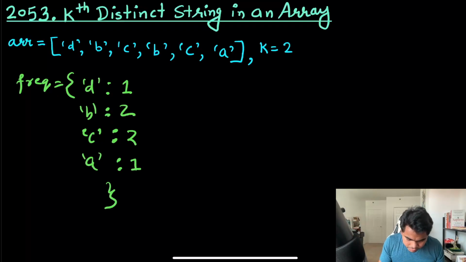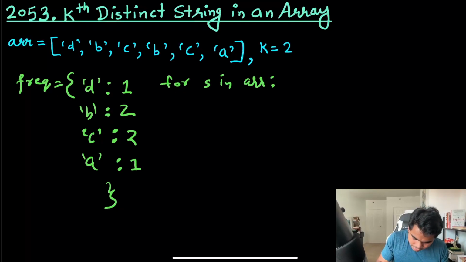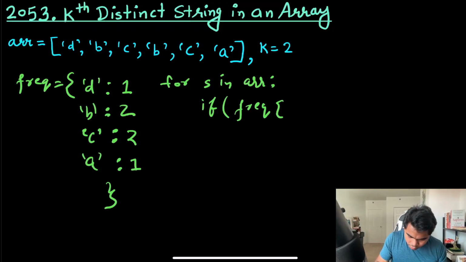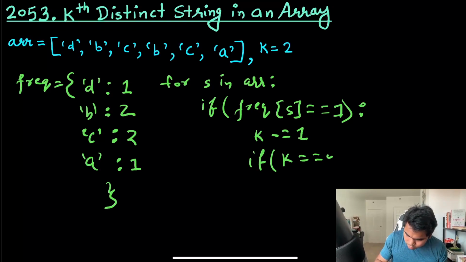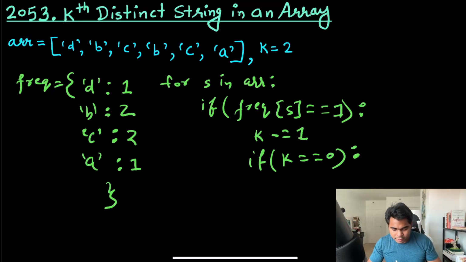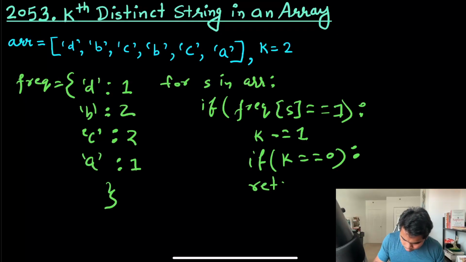So what we'll do is use a for loop over each string s in the array, and if the count of this s in my frequency map equals 1, that means it's distinct, then I will reduce my k by 1. If k equals 0, that means this is the kth string that I should be returning, so I will return this s.